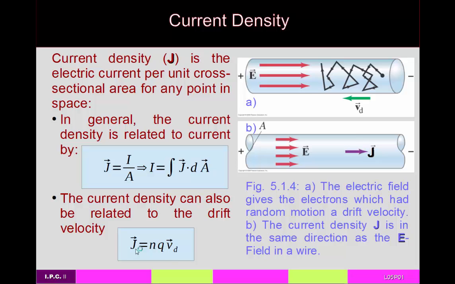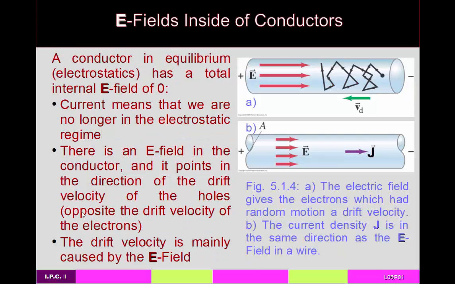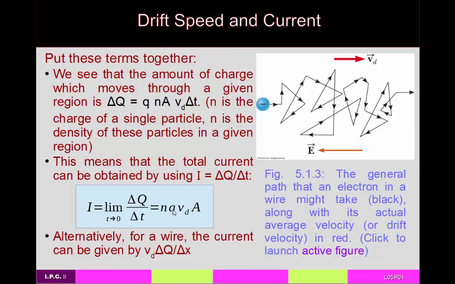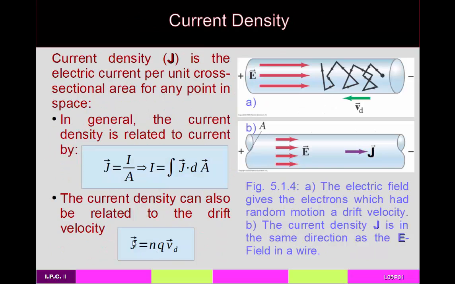Notice that this equation looks a lot like the equation I had earlier for the total current. If we scroll back up to the total current, you can see NQVDA. So if you divide this equation by A, you should get J, the current density, NQVD. The current density also is a vector, and it's in the same direction as the drift velocity in this case.